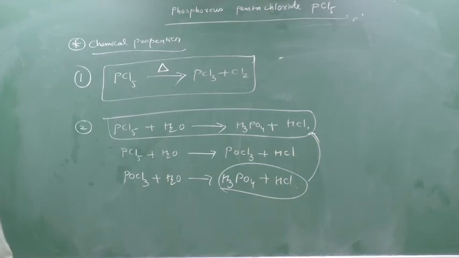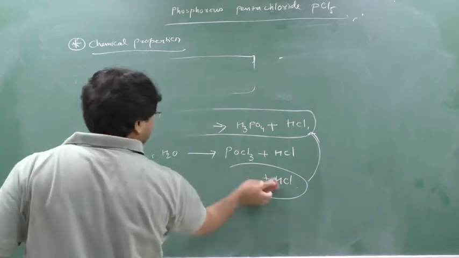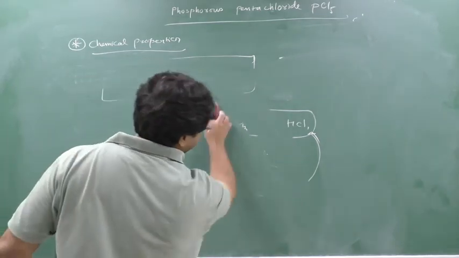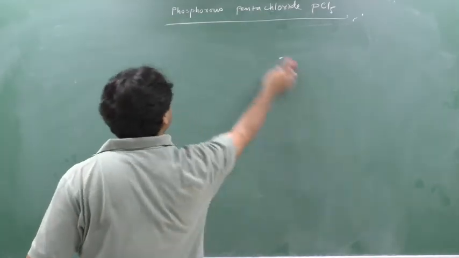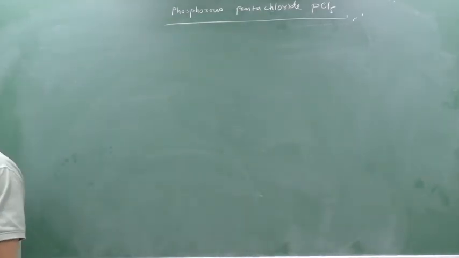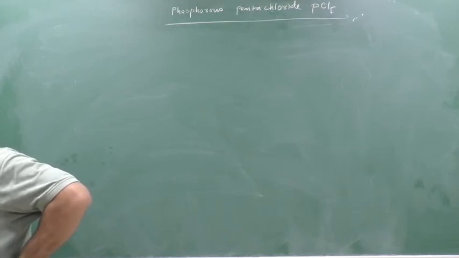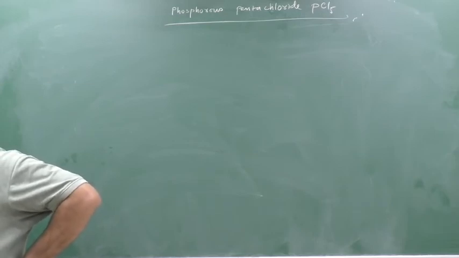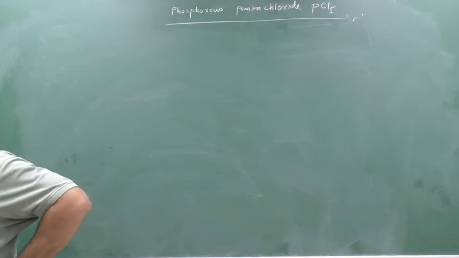Write down. Last property, write down. PCl5 replaces OH, same as PCl3 only. PCl5 replaces OH from an organic molecule.